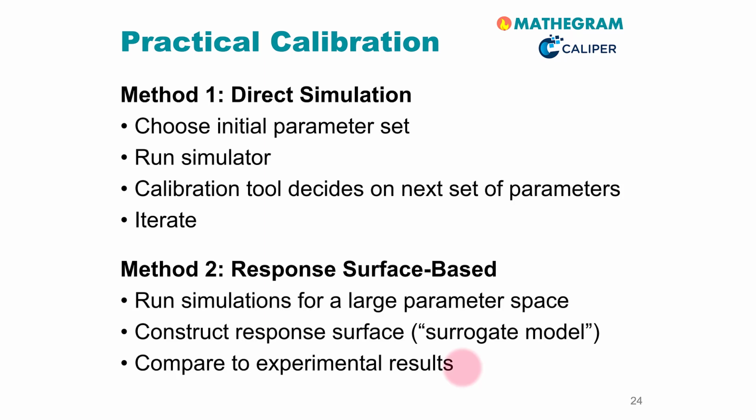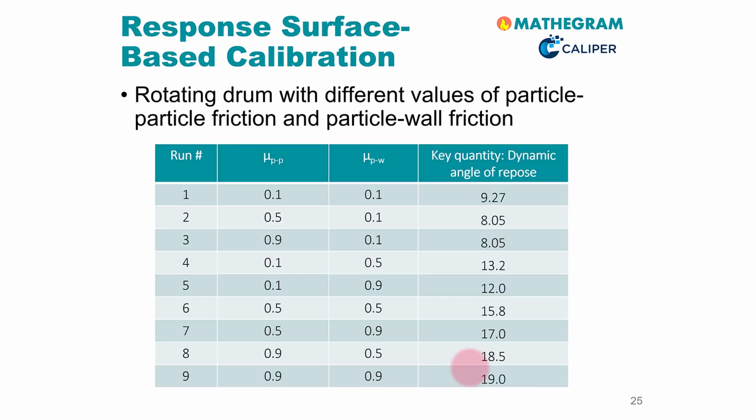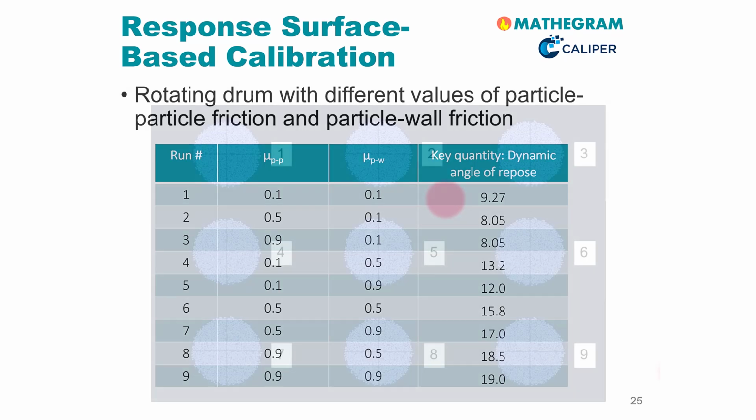Let us illustrate this with a practical example. What we have here is a list of simulation runs that feature different combinations of particle-particle and particle-wall friction coefficients. You see here already the response of the DEM simulation.